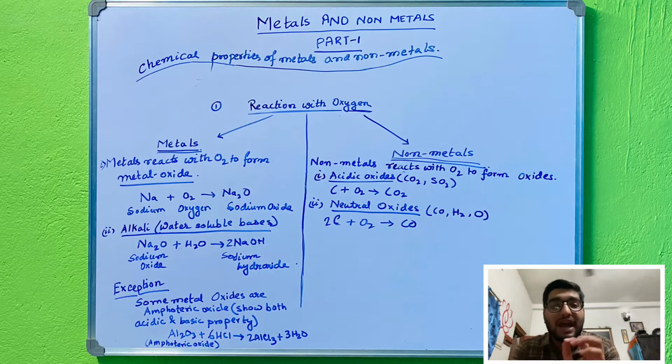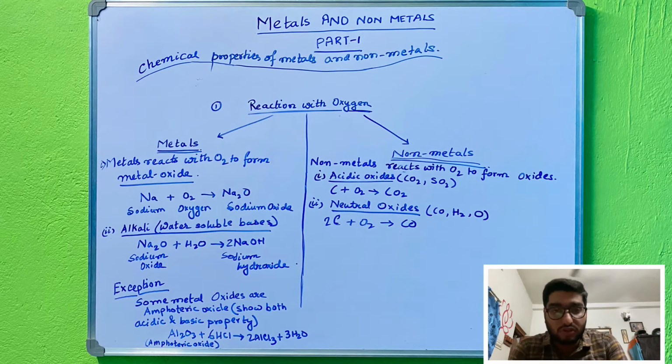So students, what are alkalis? Alkalis are water soluble bases. That means those bases which are soluble in water, those which dissolve in water, are alkalis. Okay, now there are certain exceptions. What are the exceptions? There are certain metal oxides which are amphoteric oxides. What are amphoteric oxides, students?